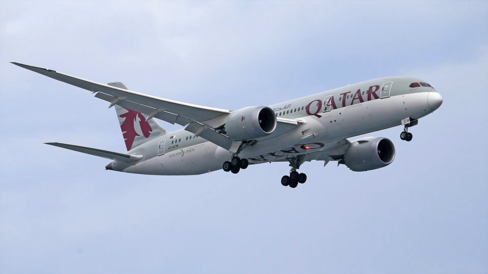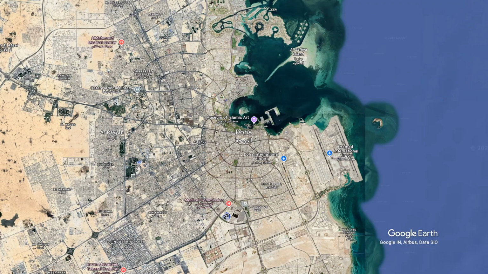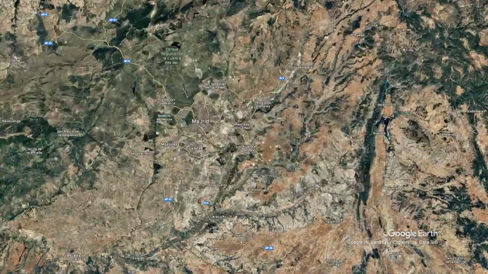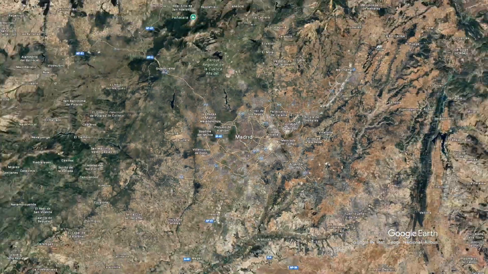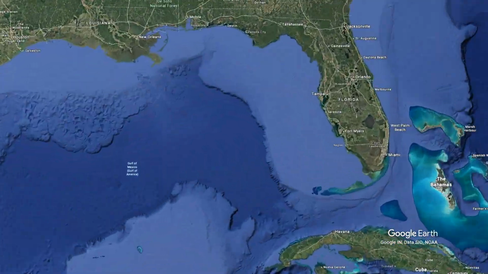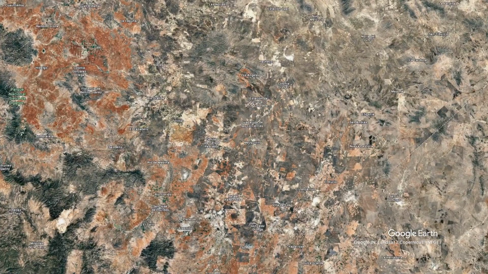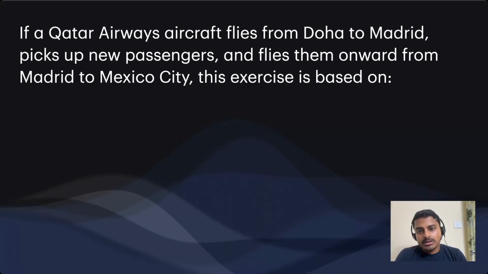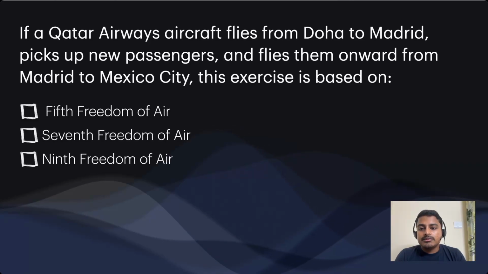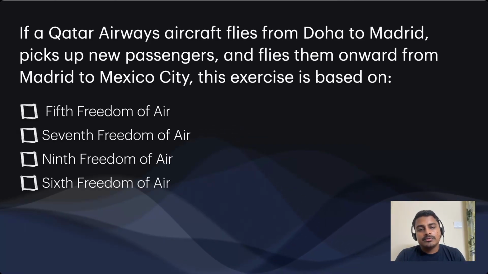If a Qatar Airways aircraft flies from Doha to Madrid, picks up new passengers and flies them onward from Madrid to Mexico City, this exercise is based on. Again, a similar scenario. It's flying from Doha to Madrid, picks up new passengers and then flies them onward from Madrid to Mexico City. The options are the fifth freedom of air, seventh freedom of air, ninth freedom of air, or the sixth freedom of air.